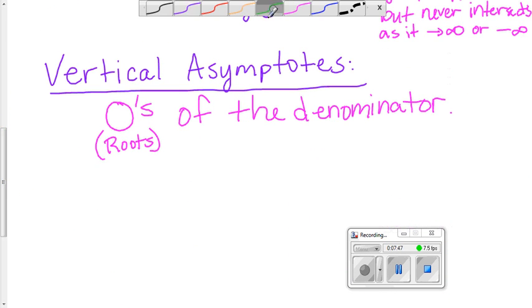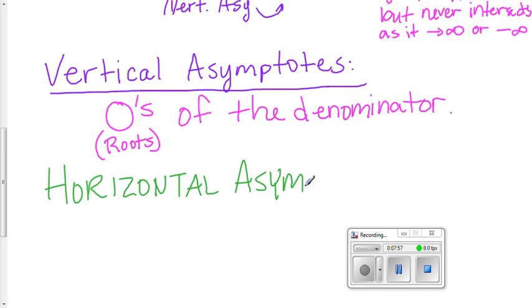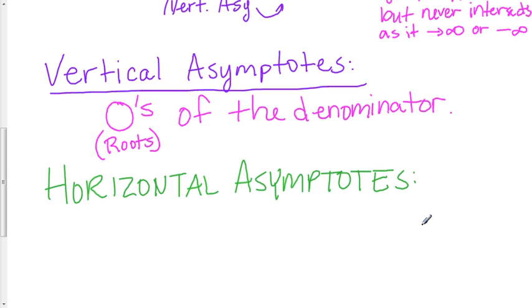Horizontal asymptotes you have to do a little more work for. You have to know some rules. To find the horizontal asymptotes, there are three things you have to know.